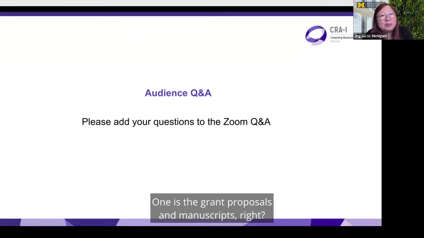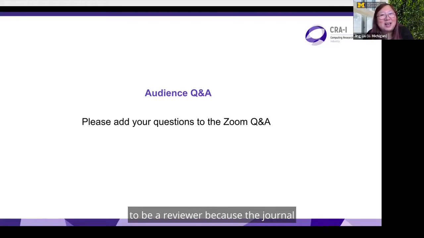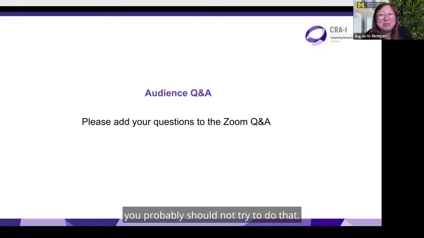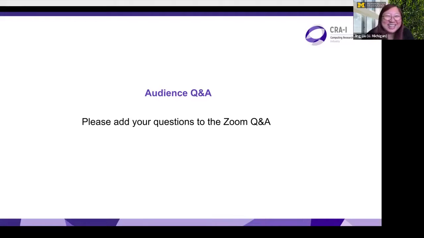One is that grant proposals and manuscripts should be reviewed confidentially, so that's one big reason against using generative AI. The second is that you are invited to be a reviewer because the journal or the funding agency values your expertise. They usually don't want you to outsource this to something else that they don't know. So for these two major reasons, you probably should not try to do that.